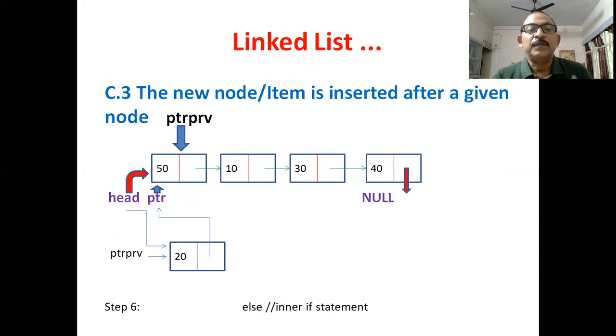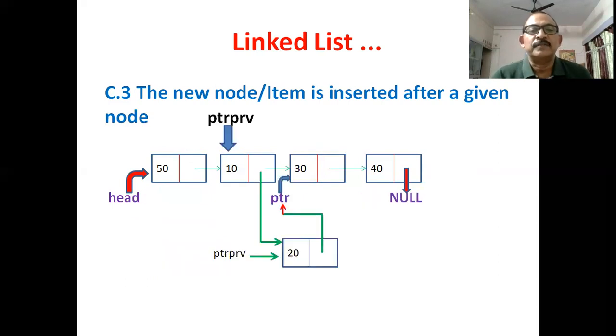Else part, if PTR previous is not equal to PTR, what will happen? In this case, suppose 30, we want to insert a node before this 30. In that case, PTR points to this node because PTR data is equal to search item, and PTR previous, here you can see PTR previous points to the previous node.